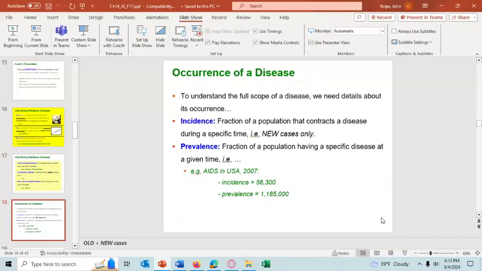A better way of saying it is the incidence is the new cases of disease only. The prevalence, on the other hand, is the fraction of a population having a specific disease at a given time. And the prevalence includes the new cases of disease and the old cases.